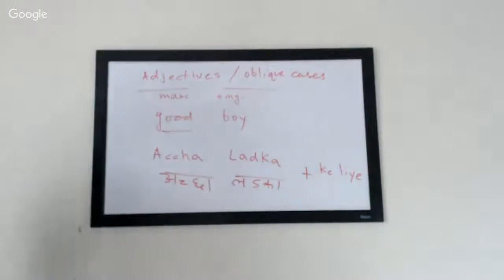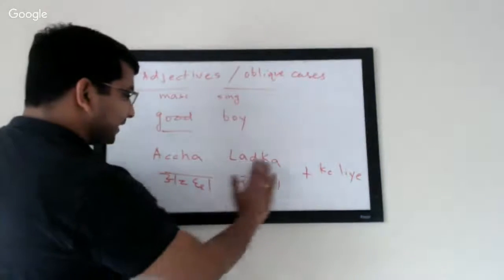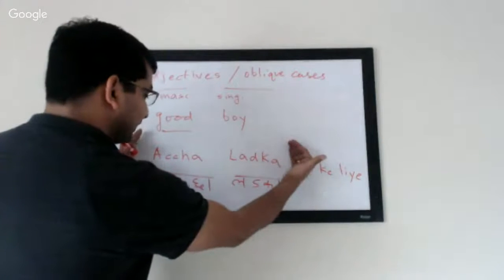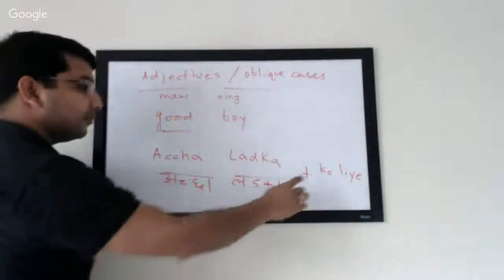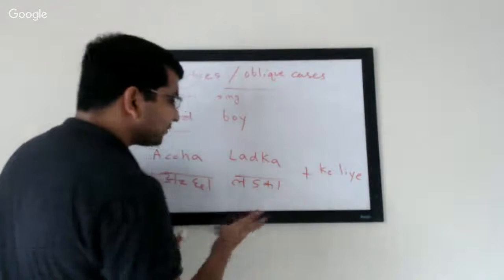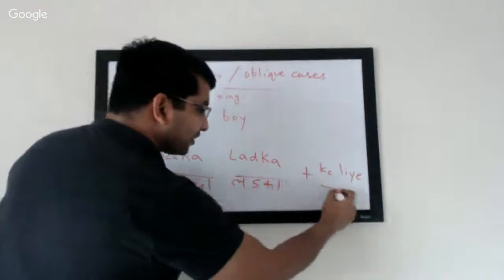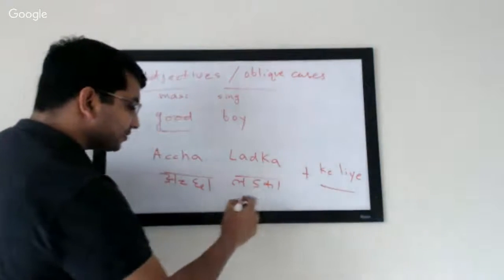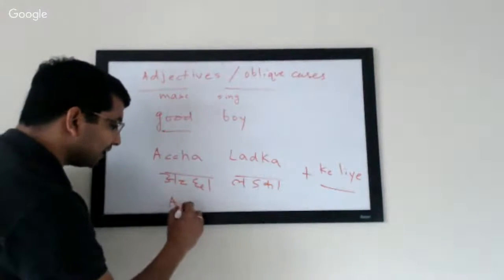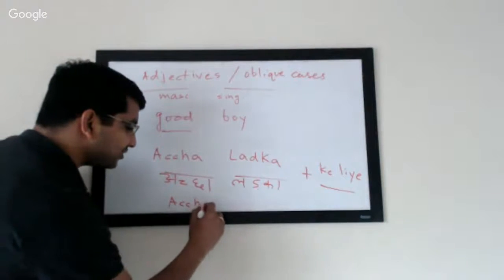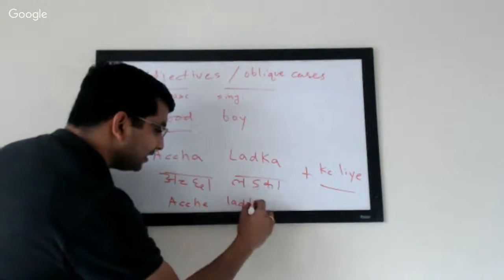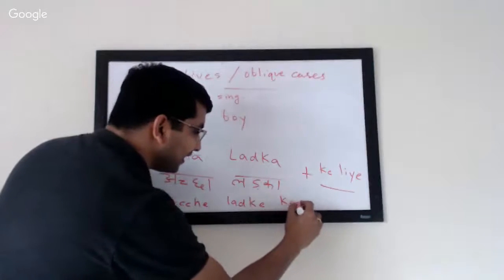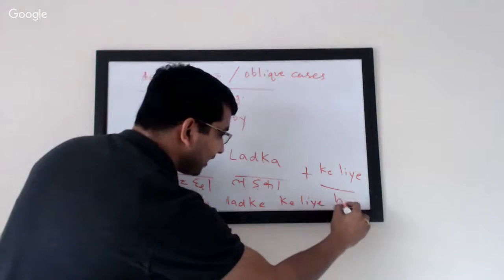Very good, right? So you can see, even though independently अच्छा लड़का is correct for good boy, this was a trick question, because after लड़का there is a के लिए, so it becomes यह फोन अच्छे लड़के के लिए है.